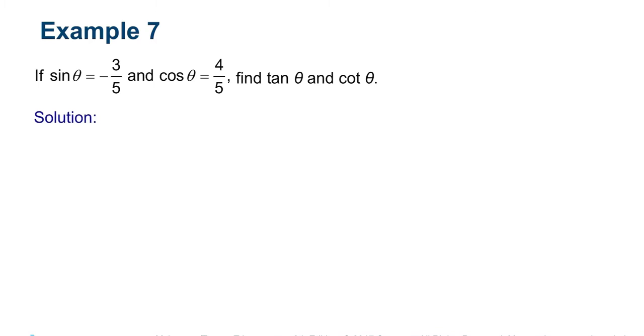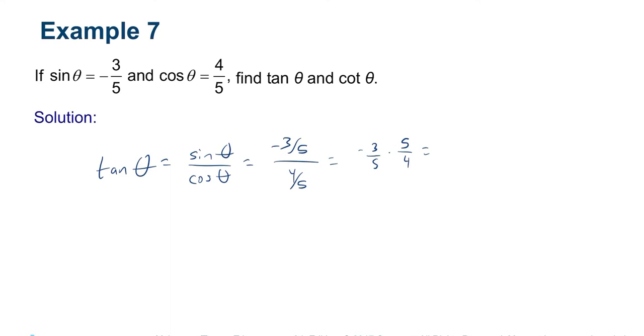Well, we know that tangent of theta is equal to sine over cosine, which is negative 3/5 over 4/5, which is going to be negative 3/5 times 5 over 4. And as you can see, the 5s cancel, and you end up with negative 3/4. So that is what the tangent function is equal to in this case.